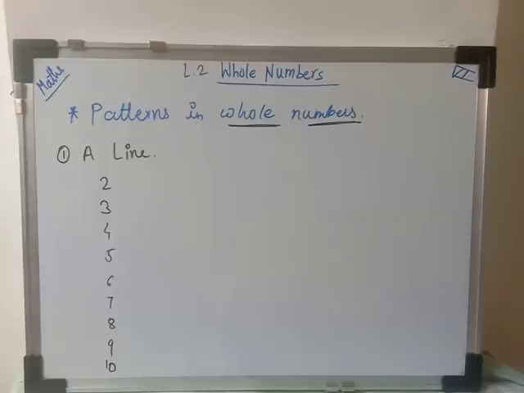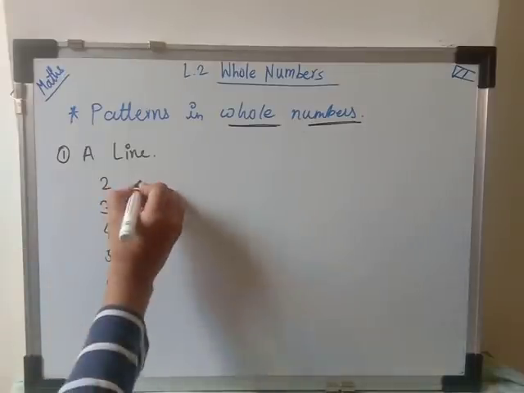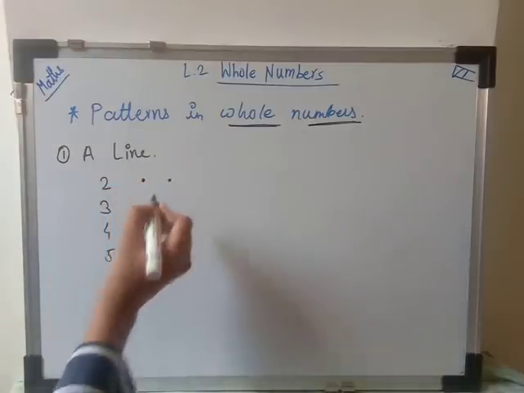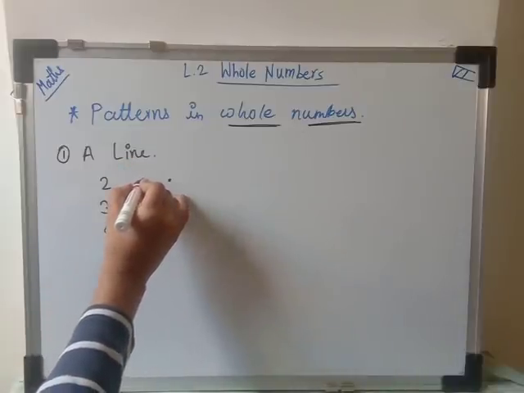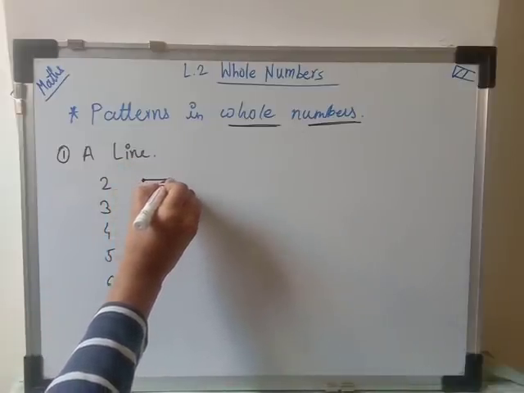Now we are going to use dots to make a line, and after 1 you can take any number to make a line. So except 1 and 0 we can make a line of all those numbers. If I take 2 dots and connect the 2 dots, I can make a line.